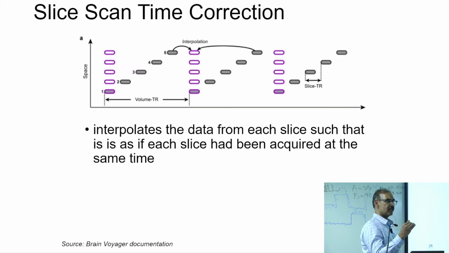If the second slice was collected 100 milliseconds later, it will use a time shift of 100 milliseconds. For the third slice, it will do a delay of 200 milliseconds, and so on. Again, based on how the data was collected: if it was collected sequentially, it will do it in that fashion; if it was done in an interleaved fashion, then it will do it in that fashion.